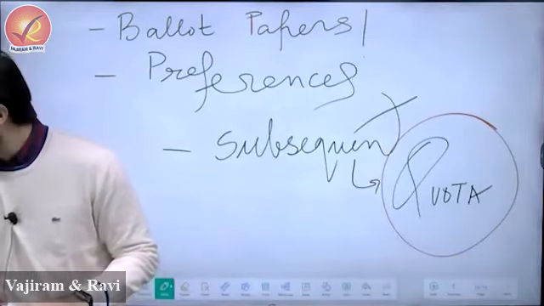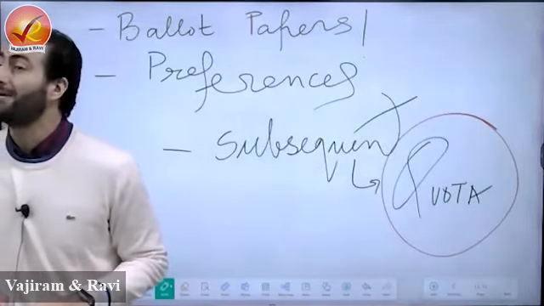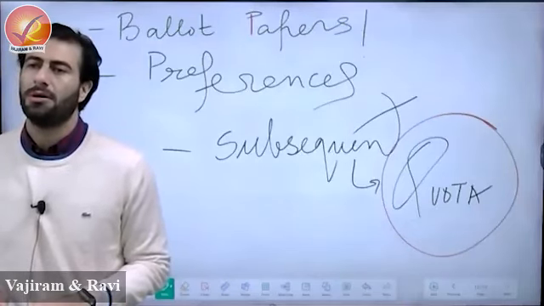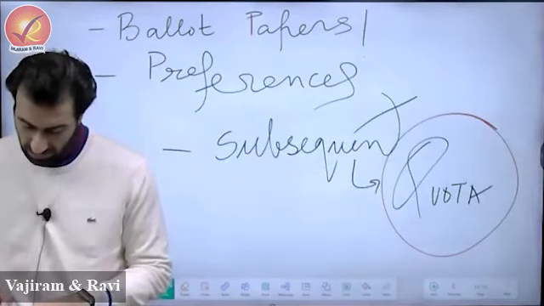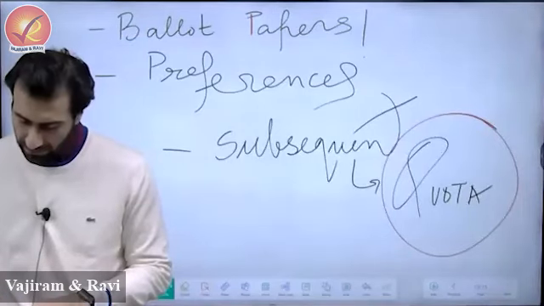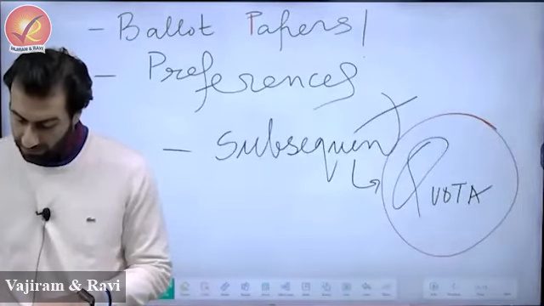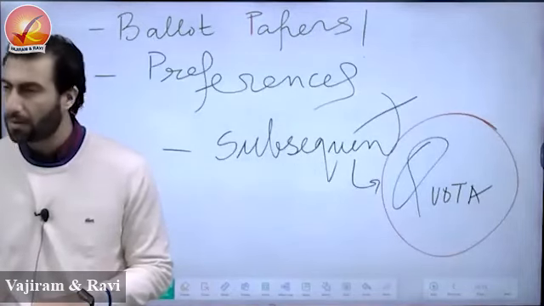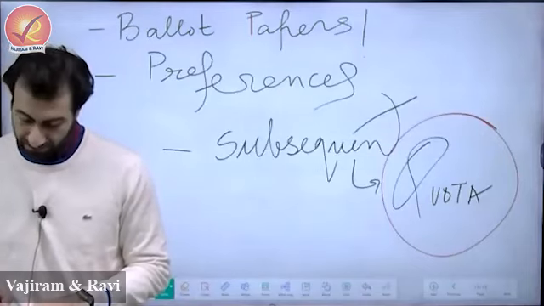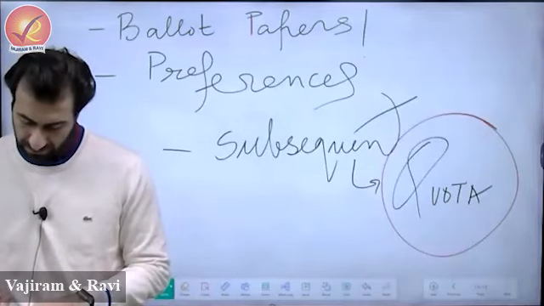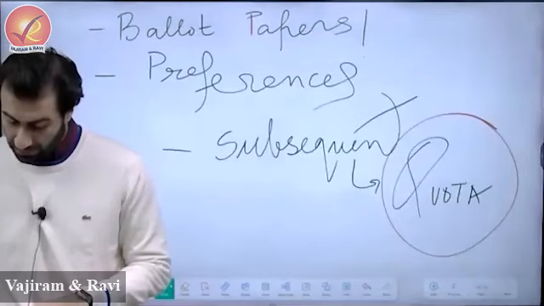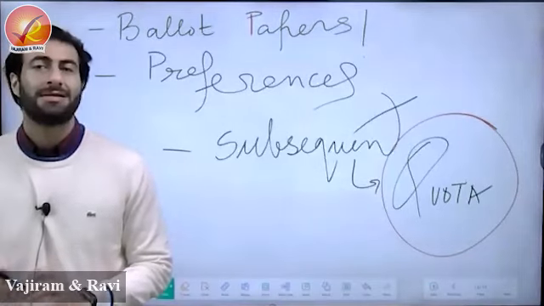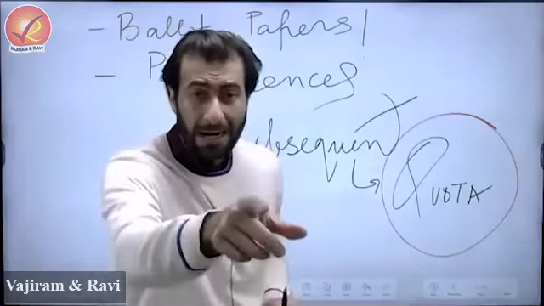Number 3, this is most important, underline. Most important. The value of the vote of each elector is the same and equal to, I am assuming to be the same.